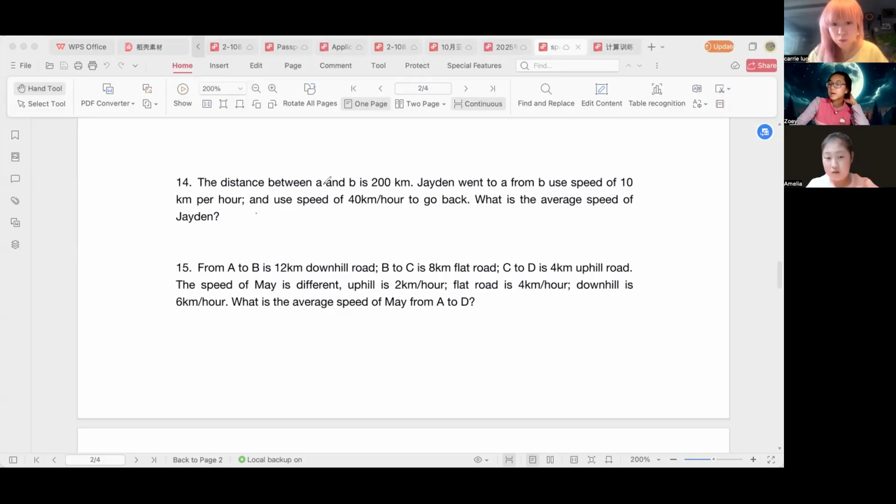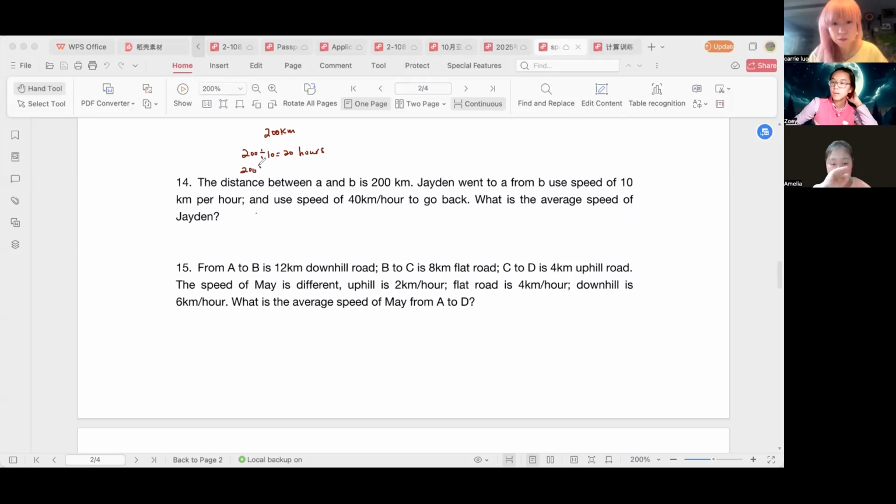So the distance between A and B is 200 kilometers, right? Jaden went from A to B using a speed of 10 kilometers per hour. So obviously it took 20 hours for Jaden to finish this one, right? And he used 40 kilometers per hour to go back.